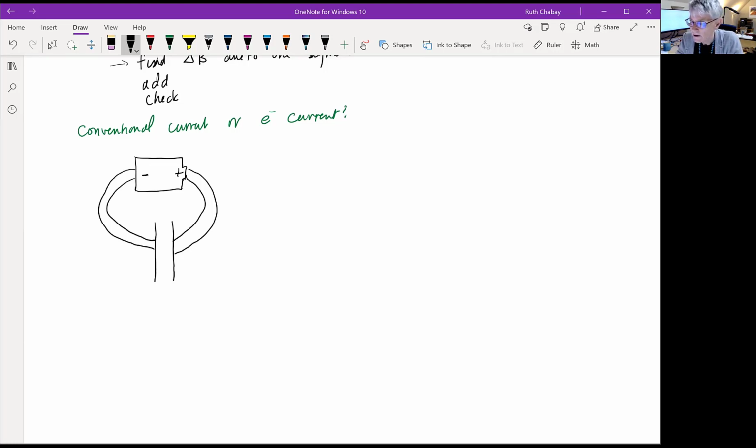Now, what's really happening in our circuit, unless we're using very unusual material, is that electrons are moving through the wire, and electrons do what you'd think they do. They come off the end of the battery marked negative, and so they have these velocities here, and they flow onto this plate of the capacitor, and we start to pile up negative charge here.